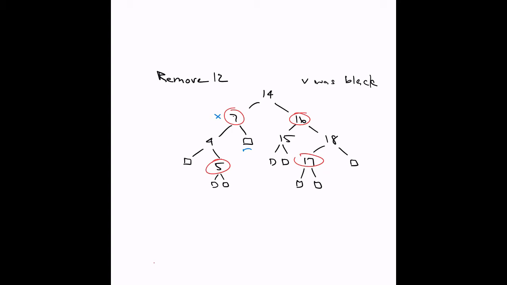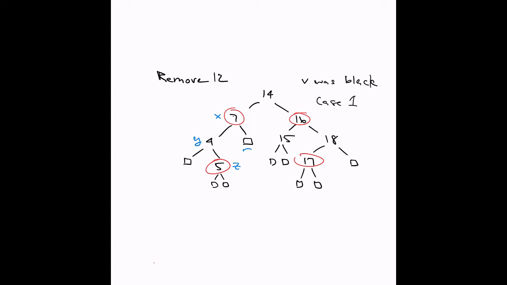The next thing we do is find our sibling and label it Y. Since V was black, we're going to perform either a restructuring or a recoloring. In this case, the sibling of R is black, and it has a red child, which we label Z. So this is a case 1 removal.